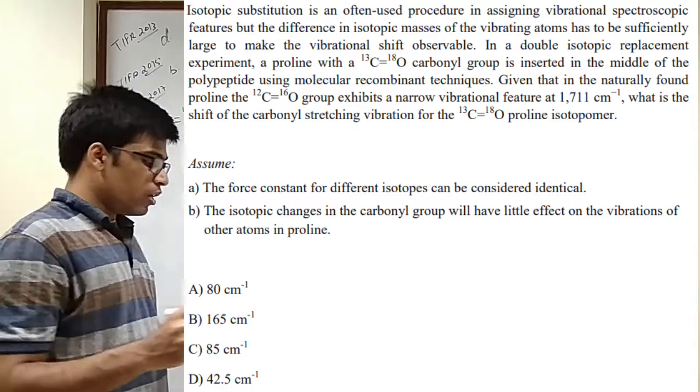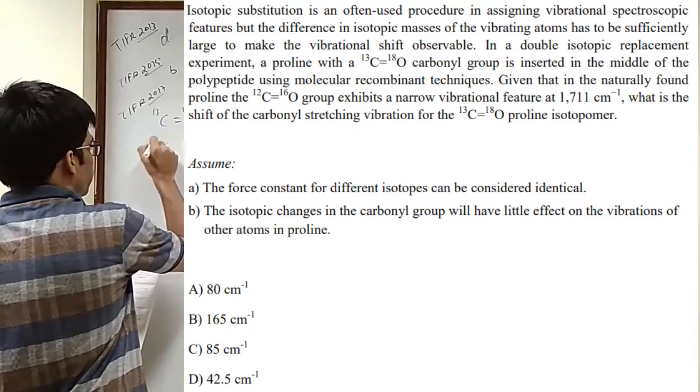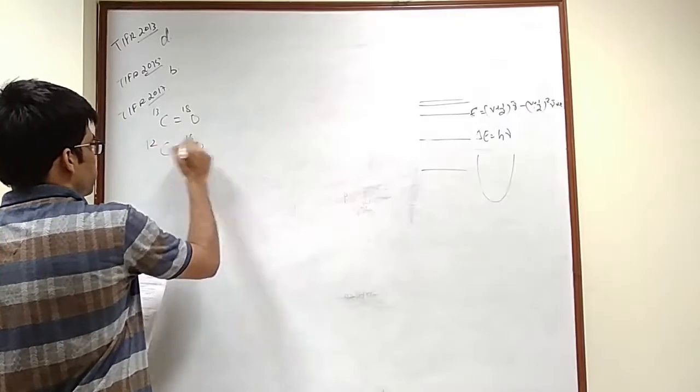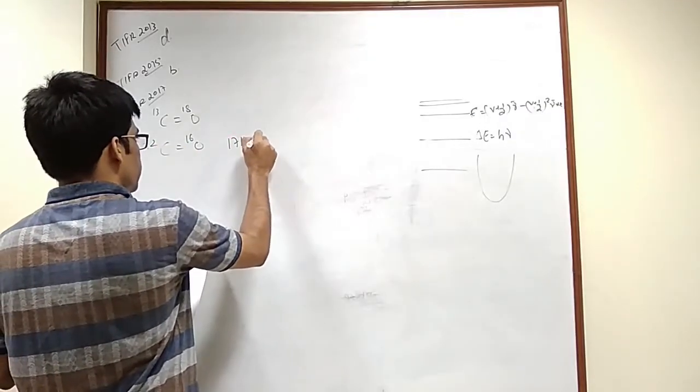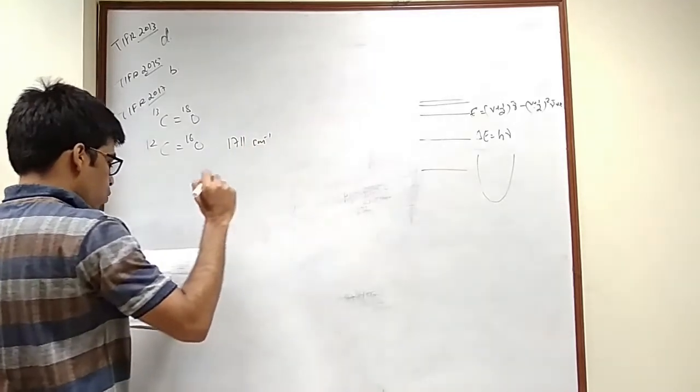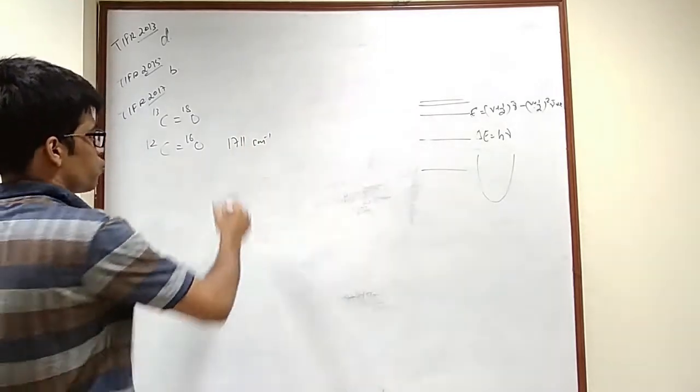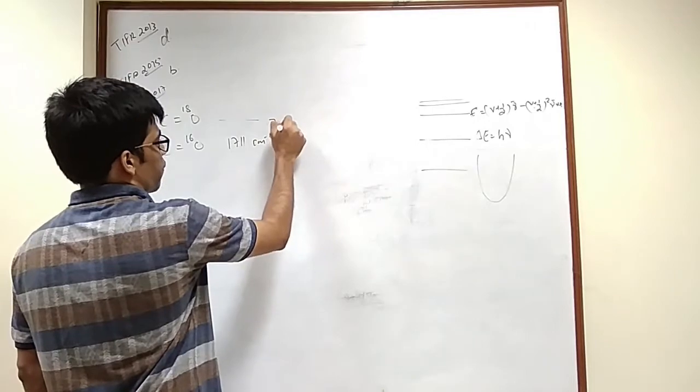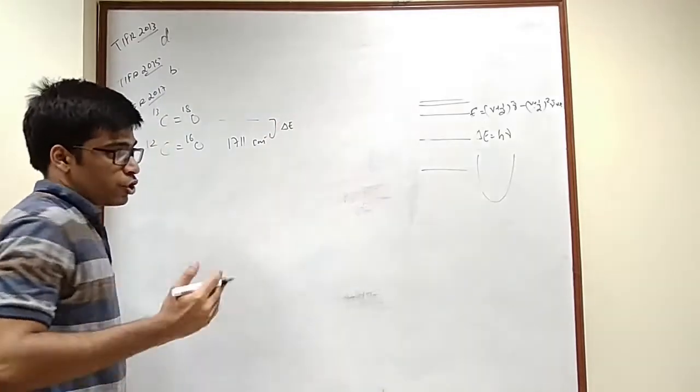Given that in naturally found proline you have C12O16 whose frequency is 1711 centimeter inverse, what is the shift of the carbonyl stretching frequency? So you have to find this and find the difference between the two to know the shift.